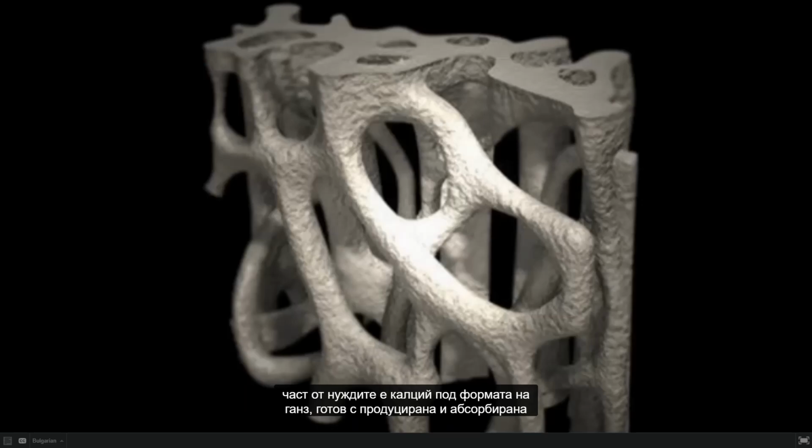Part of this is calcium needed in the form of the GANs, in the form of ready produced, absorbed gravitational magnetic field plasma. Where is the womb of the woman? In the cavity of the hip.